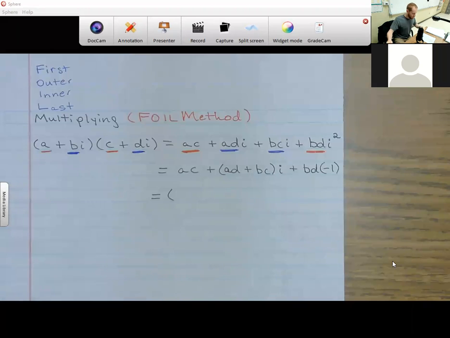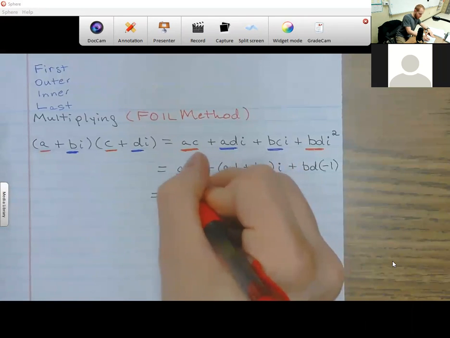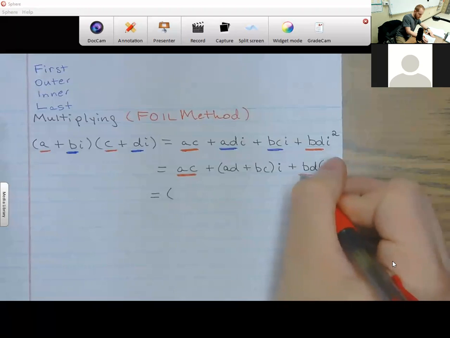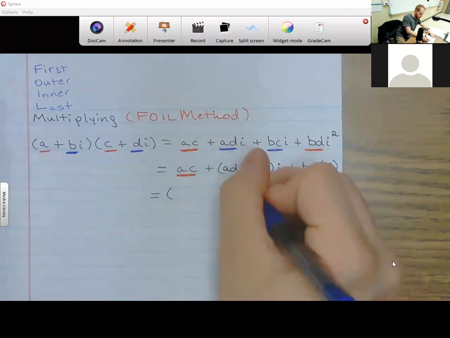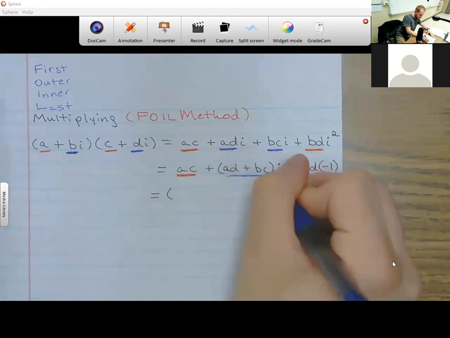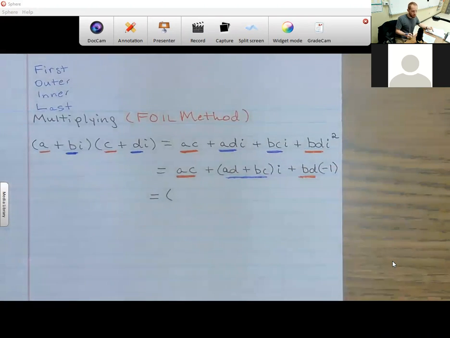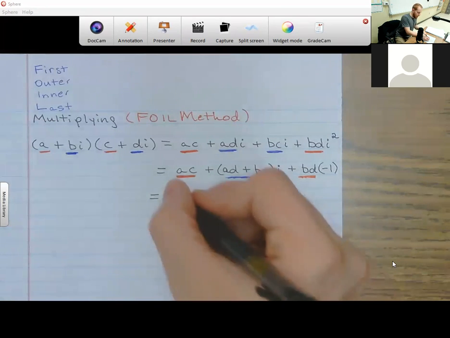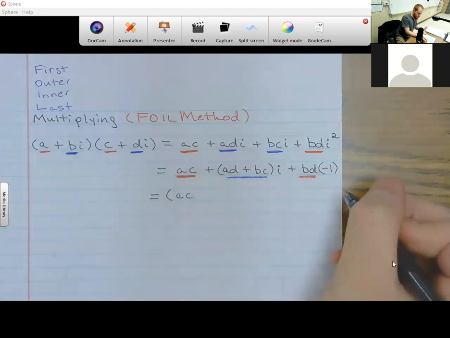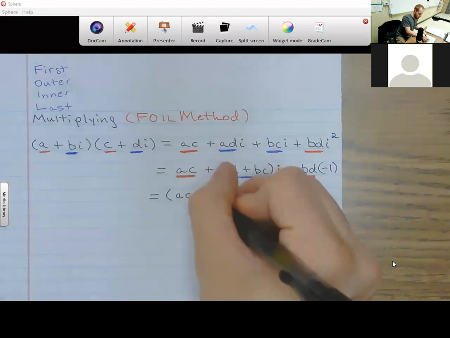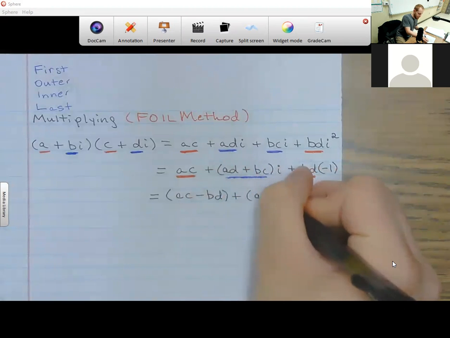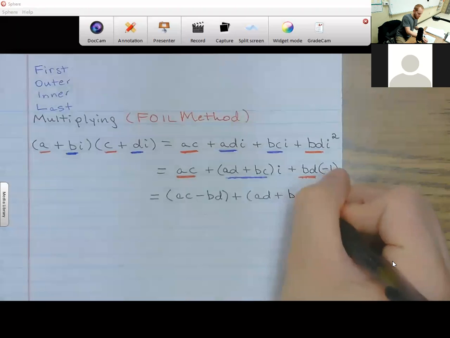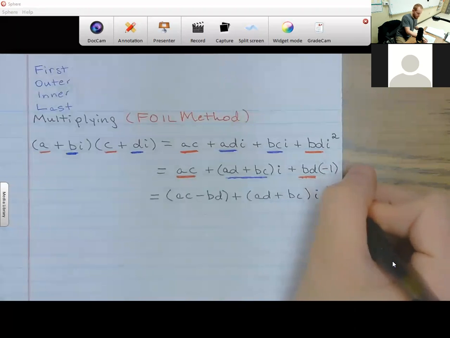So what are my real parts? What are my imaginary parts? Again, AC, BD, those are my real parts. And then AD and BC, if I add those together, I get the only imaginary part, right? So let's put the real parts together. I've got my AC minus BD plus AD plus BC with an I at the end.